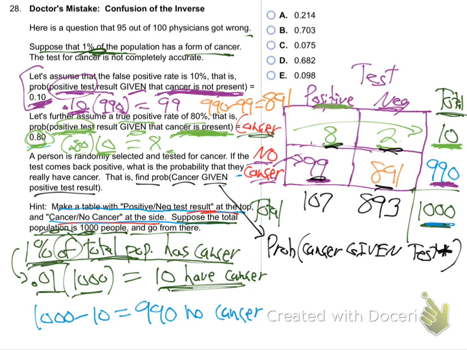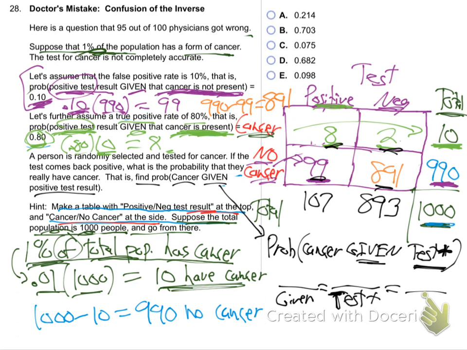So if you're given a positive test, so given is where we always start, right? We're given that we're talking about some people that got a positive test result. The given's always in the denominator. And it's those that got a test result that was positive. Who are all the people that got a positive test result?